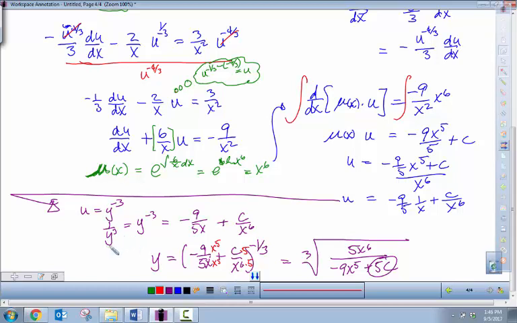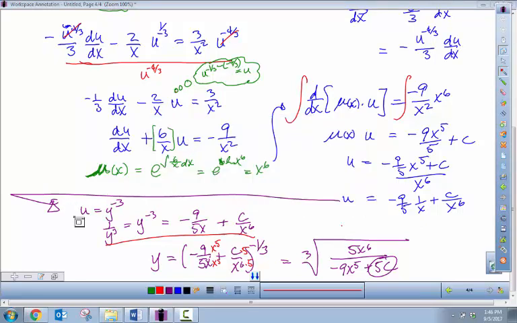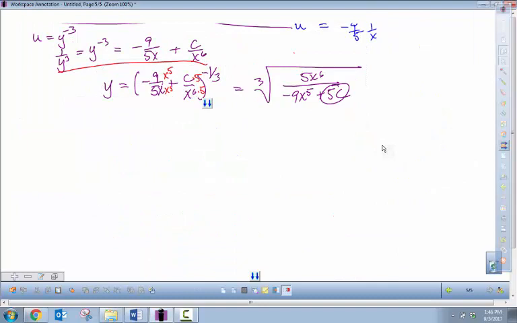In any case, you could have just left it as this to help us solve for c. Since we have an initial condition, we can find a particular solution. So let me take our answer here and move on to a new page. So there's two views that we're looking at.